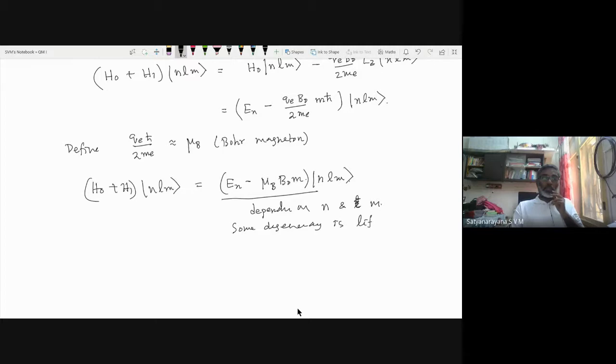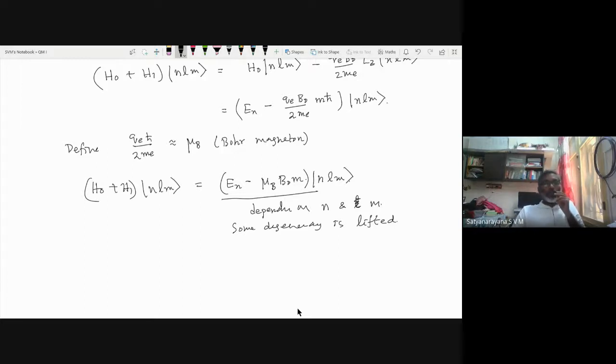That means different values of M have got different energies here, and because of this, your spectral lines will actually appear as if they are split, because now your energy levels are not degenerate, and hence your frequencies will be different for different energy levels. And this is what is observed in the Zeeman effect.